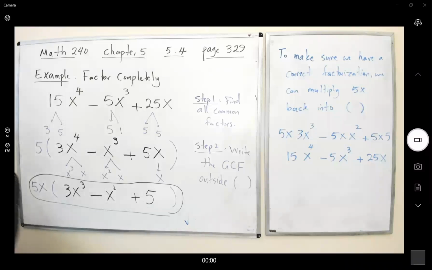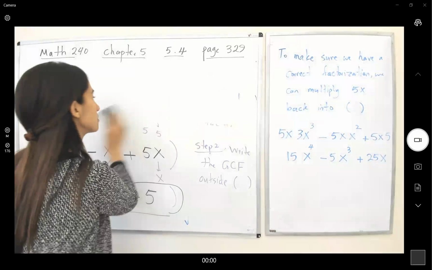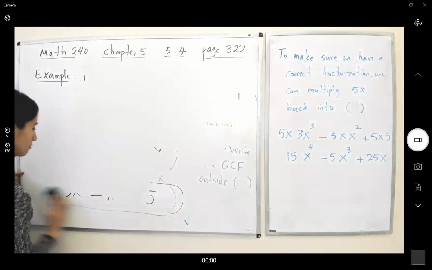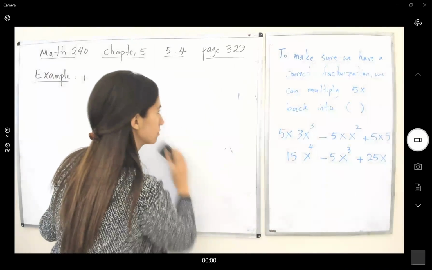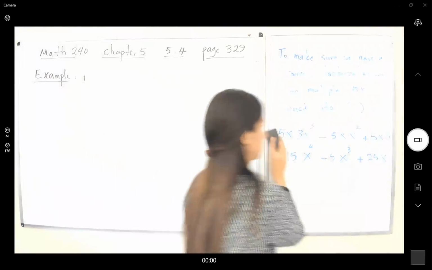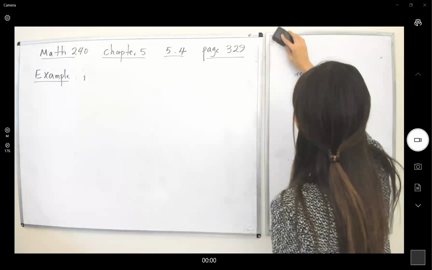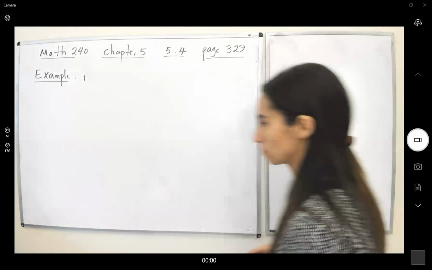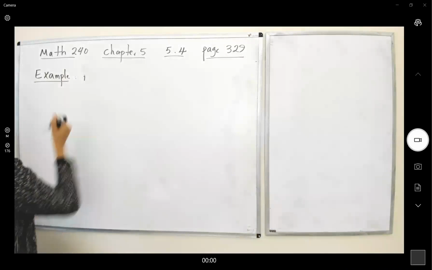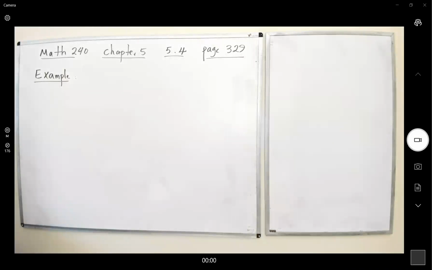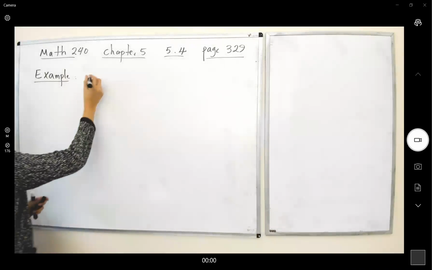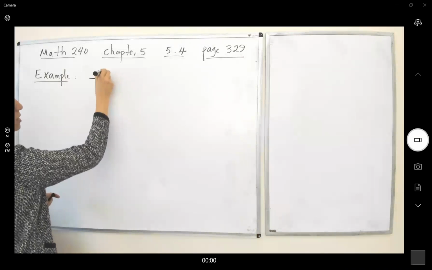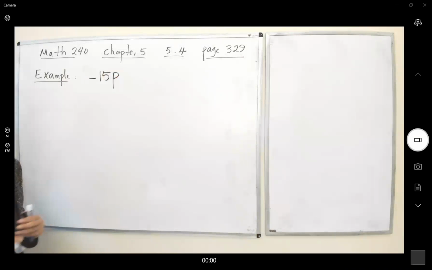Another example for you. Now suppose you have, in this example, this linear expression, minus 15p plus 20.